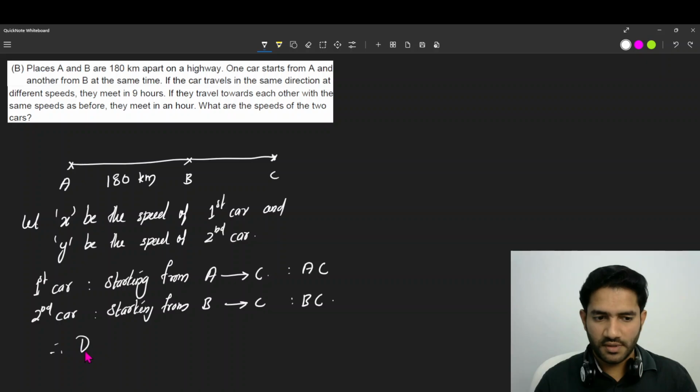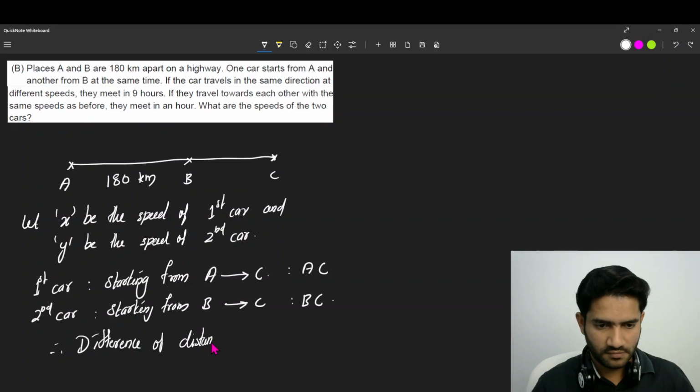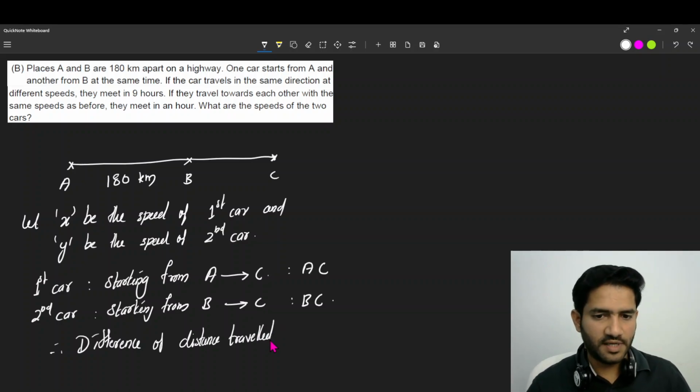So therefore, the difference of distance traveled, what's the difference?